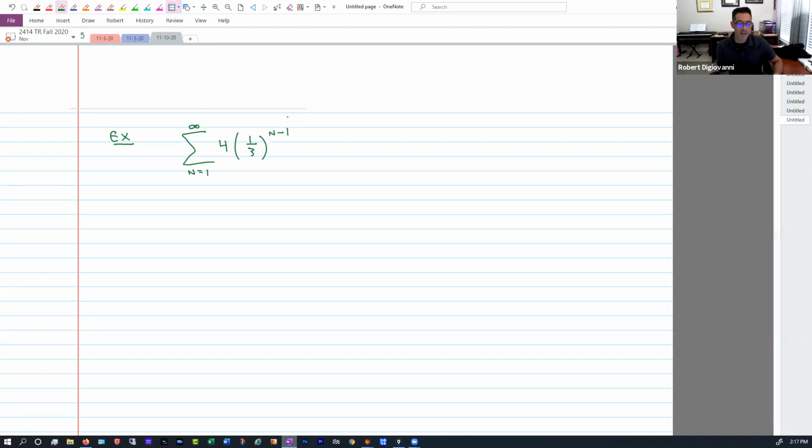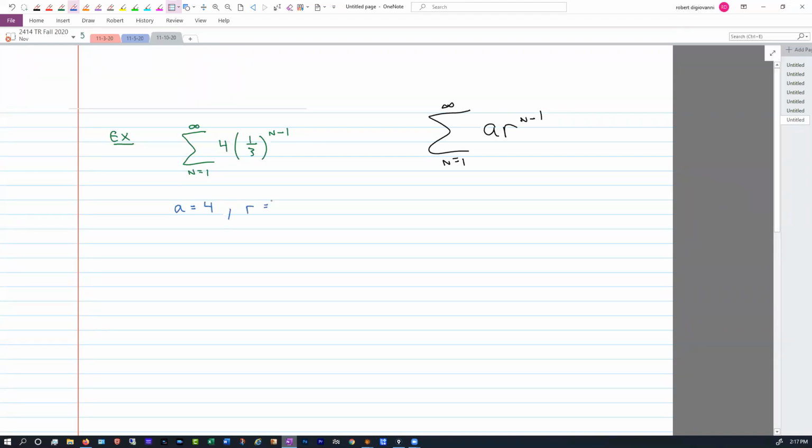Okay, you have to recognize that that's a geometric series because it looks like this. That's what a geometric series looks like. So for us, what is a? 4. What is r? 1/3, right?